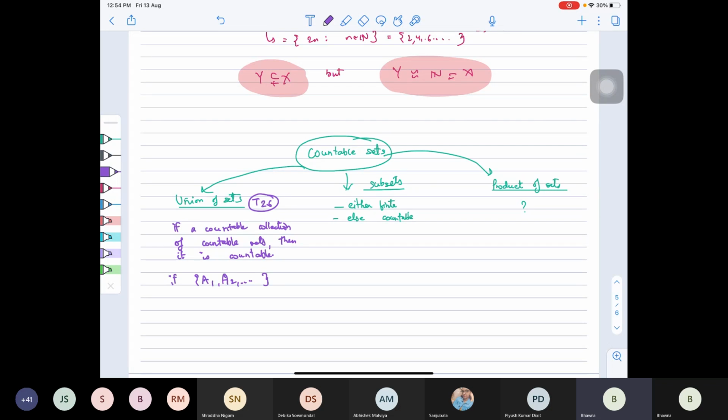So I'm saying that if we have A1, A2, a countable family such that each Ai is countable, then the union of Ai, i going from 1 to infinity, is a countable set.